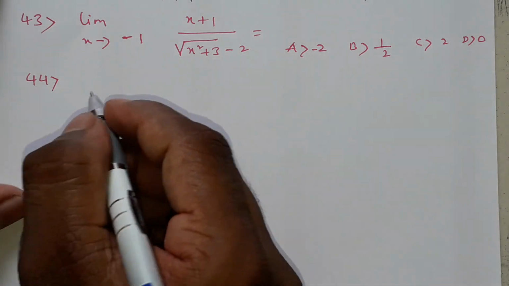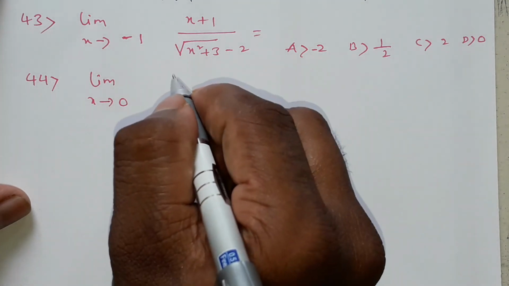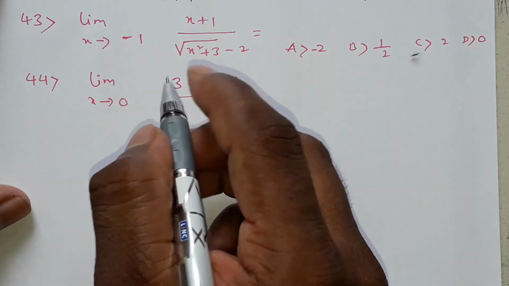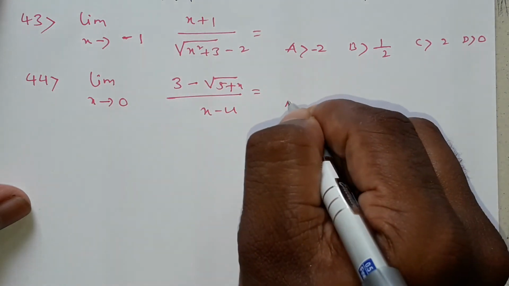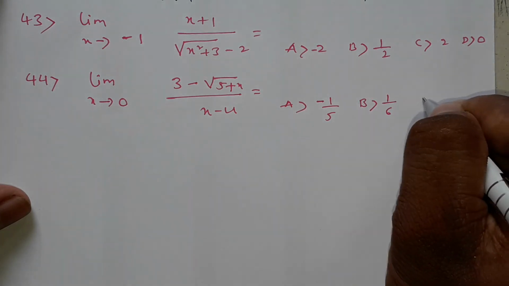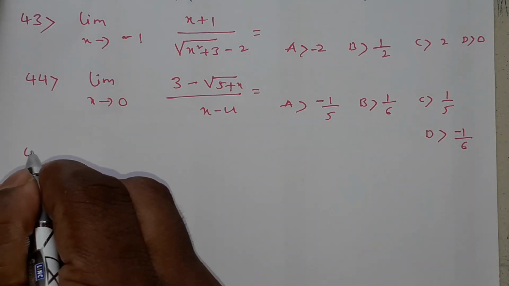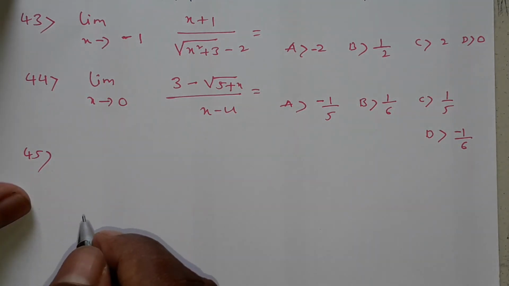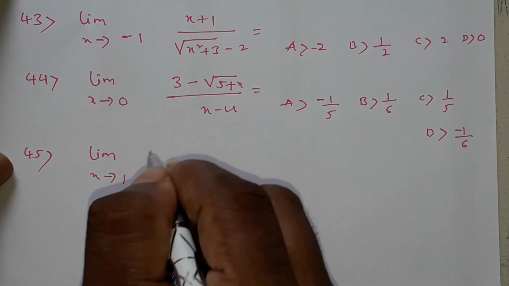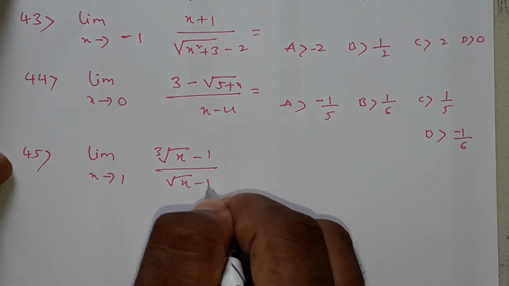44 is the same kind of question. I will give you some of them, because all the questions use the same method and it gets boring. So limit of 3 minus root 5 plus x by x minus 4 equal to. Option A is minus 1 by 5, option B is equal to 1 by 6, option C is equal to 1 by 5, option D is minus 1 by 6. Question 45 is limit x extends to 1, cubed root of x minus 1 by square root of x minus 1.